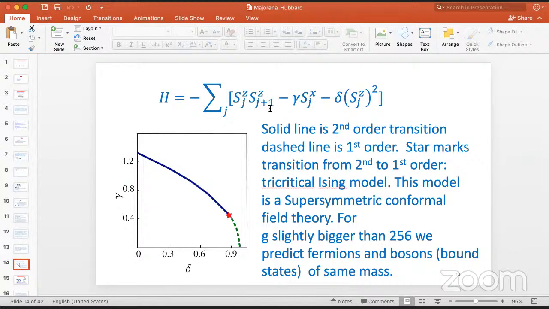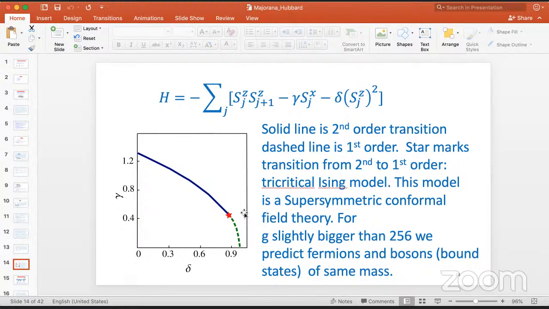So this is spin 1 now, and we have an SZ squared term, and I've taken the linear term now to be the x direction, not the z direction. So in this curve, the solid line is a second order transition, and the dashed line is a first order transition, and the star marks the transition from second to first order. This point is called the tricritical Ising model.